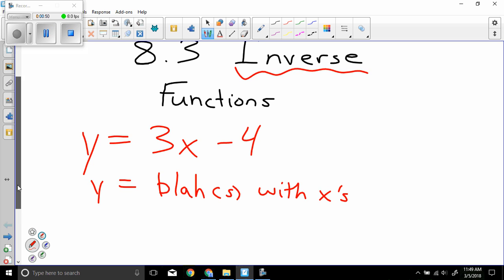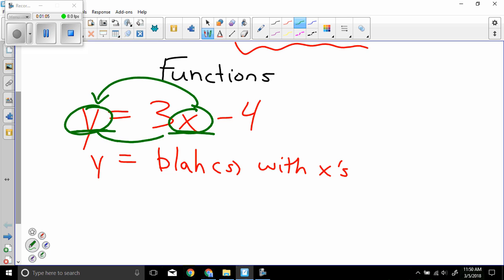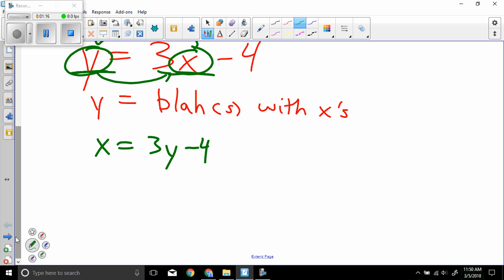Well, what we're going to do today is take this y and this x and completely flop them. I'm going to take this x and put it in the y spot, and take the y and put it in the x spot. We've never had anything like that before, because then the problem is going to look something like x equals 3y minus 4.